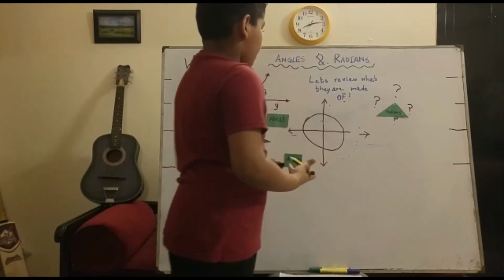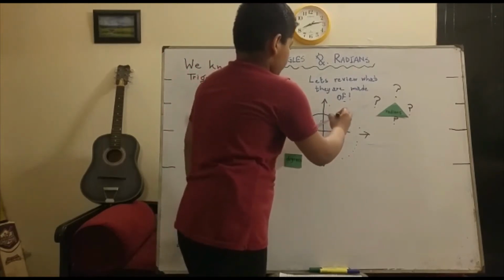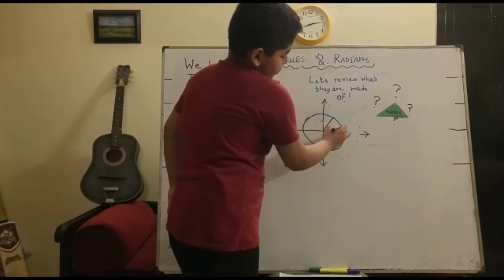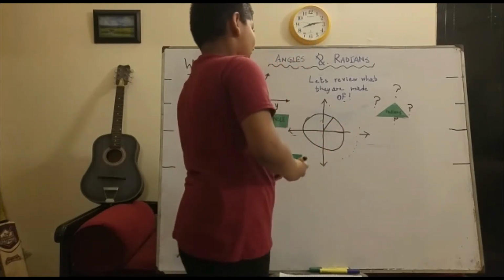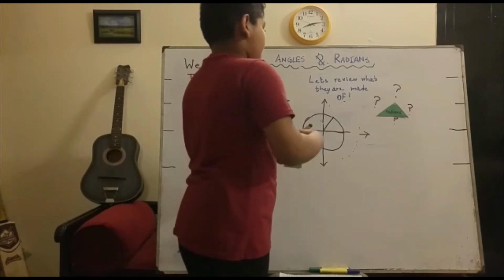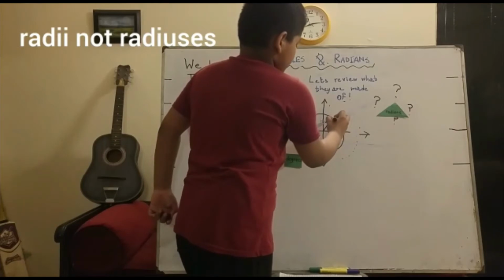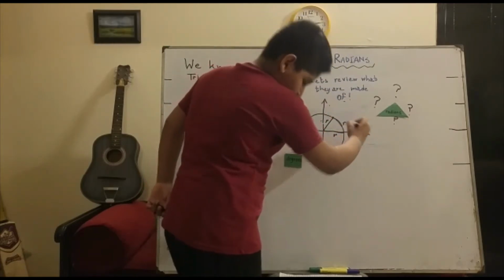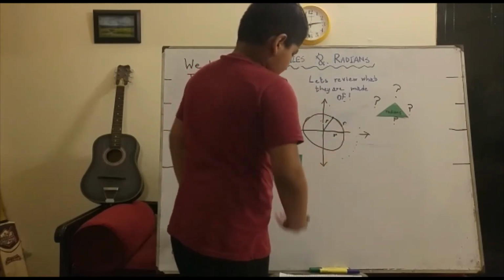I couldn't draw a perfect circle because that's very hard, but I drew pretty close. Now if we draw 2 radii of length r, a sector with the arc length equal to r.